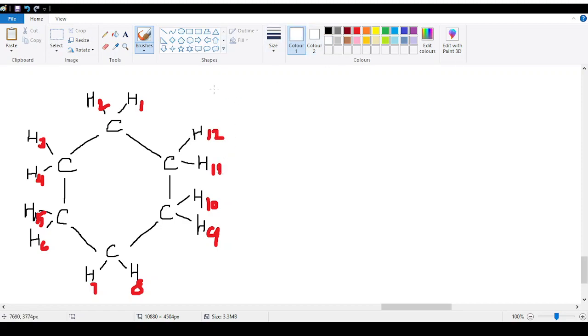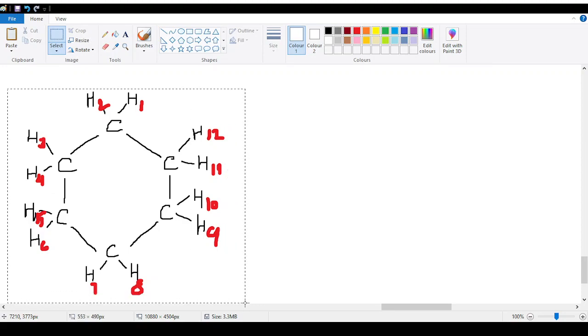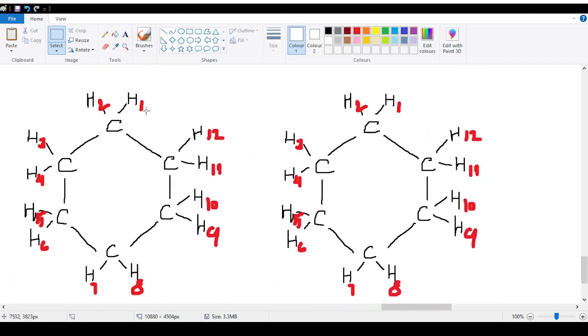Now, choose one hydrogen. Just choose any specific hydrogen atom. Don't think about it. I guess we can choose hydrogen one. Okay, so you want to choose hydrogen one.